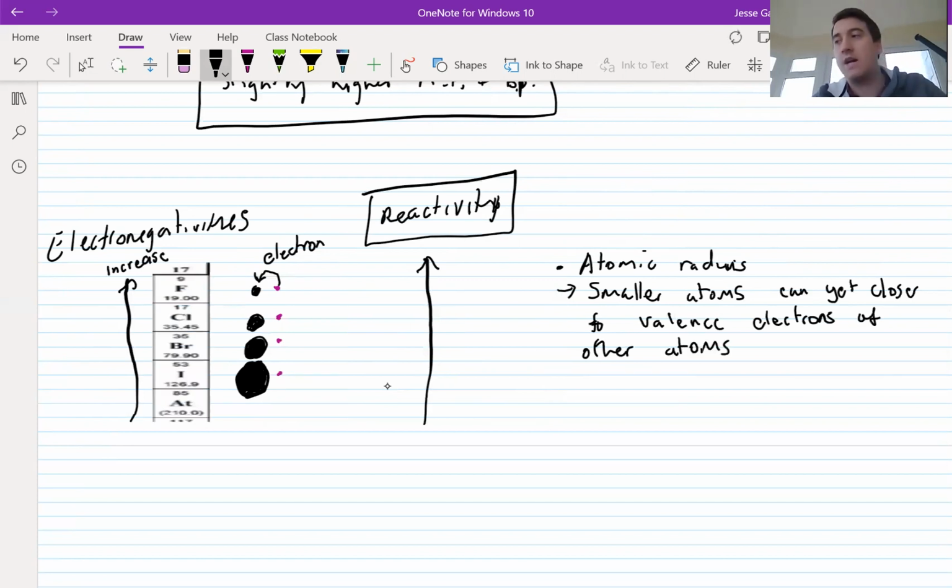Okay, so smaller atoms can get closer to valence electrons of other atoms, and that lets the smaller atoms remove the electrons easier.